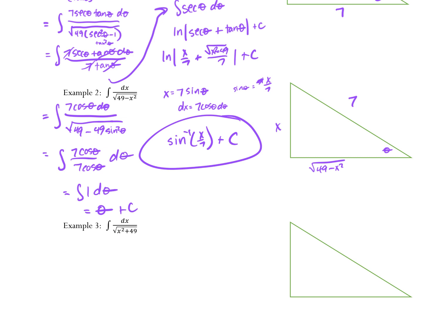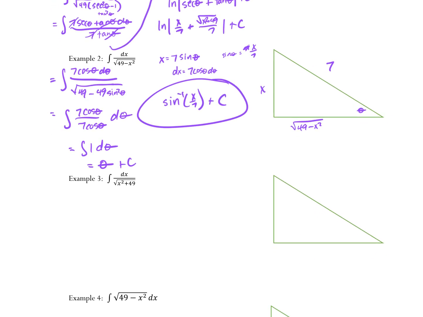It makes so much more sense to me to draw the triangle. Could that also be the inverse cosine of pi over 2 minus x over 7? Yeah, but that seems like a much harder way than just saying sine inverse. Okay. True. But I was just wondering.